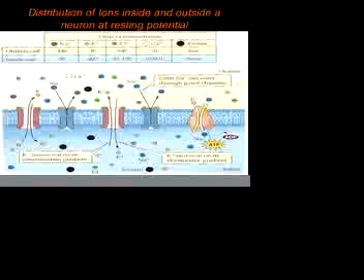When the two forces on potassium are balanced, the membrane potential is still more negative inside. This is called the equilibrium potential for potassium, and it is reached at negative 70 millivolts, which is the resting membrane potential.